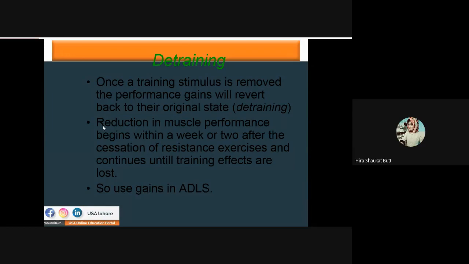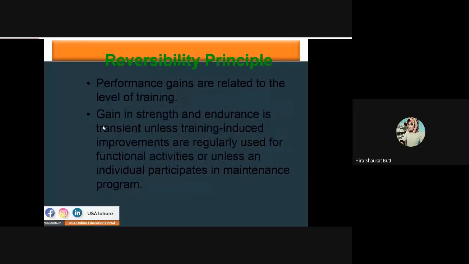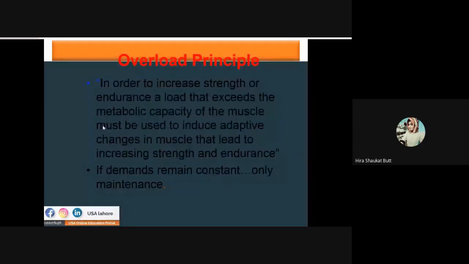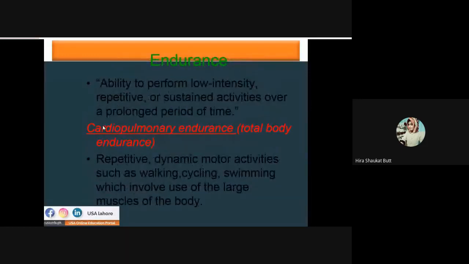These principles are the baseline foundations of resisted exercises. In today's lecture, we discussed muscle performance and its components: muscle power, muscle strength, and muscle endurance.